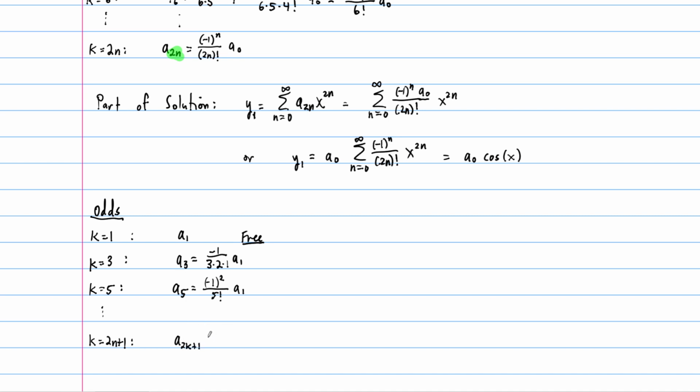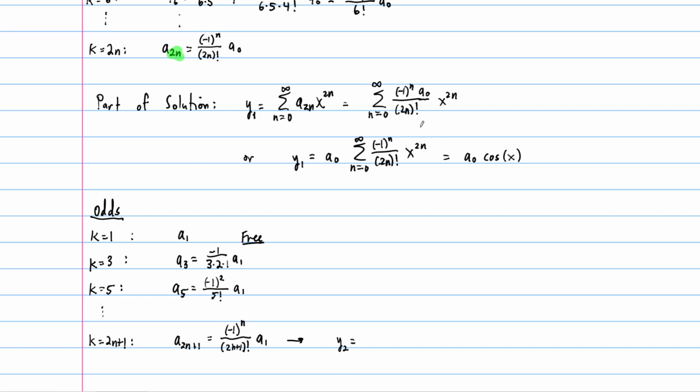But a sub 2n plus 1 is going to be negative 1 to the n. I said 2k plus 1. It's 2n plus 1. All right, a sub 2n plus 1 is negative 1 to the n over 2n plus 1 factorial a sub 1. And so what you get from this one is that your second solution, y2, is going to be, same deal.